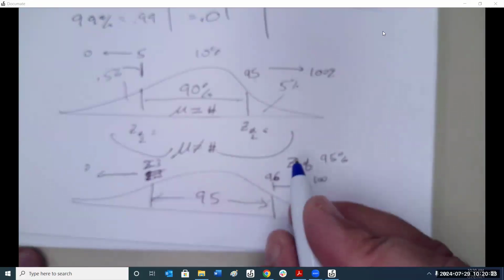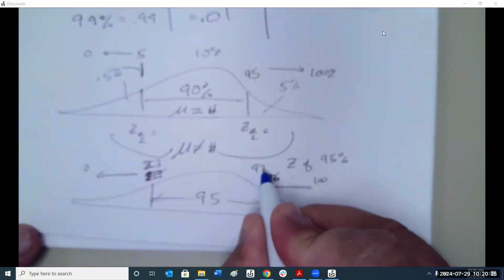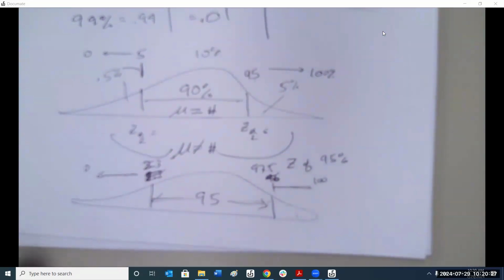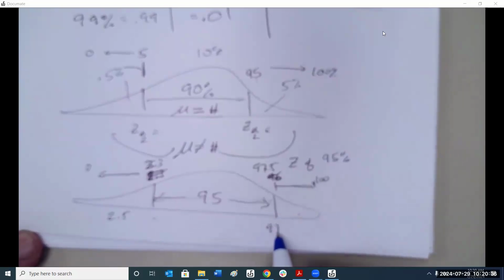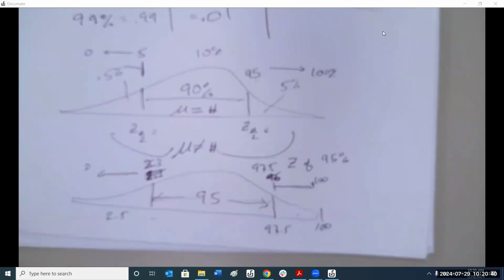So 95 plus 2.5 is 97.5, and this goes all the way to 100.